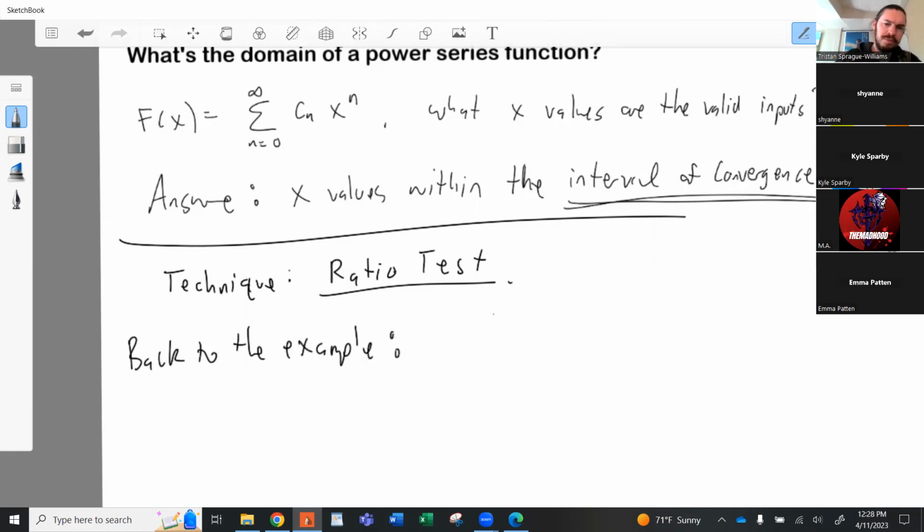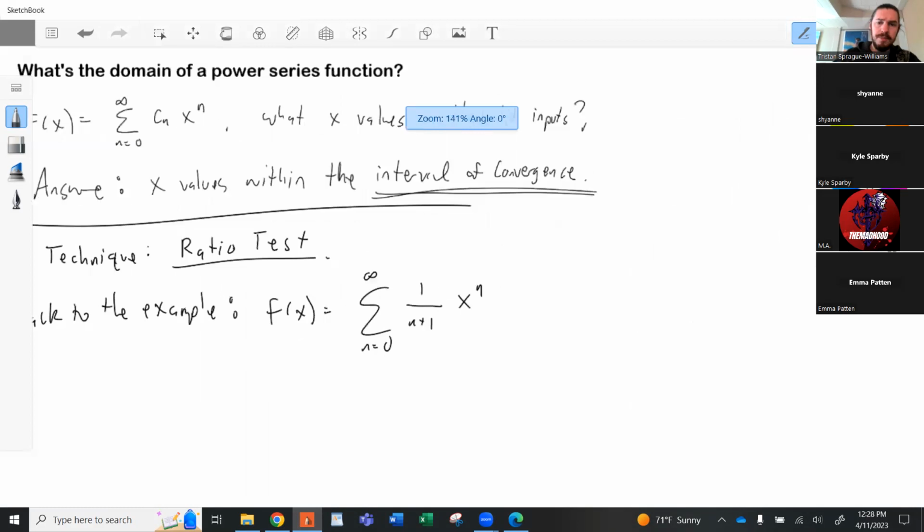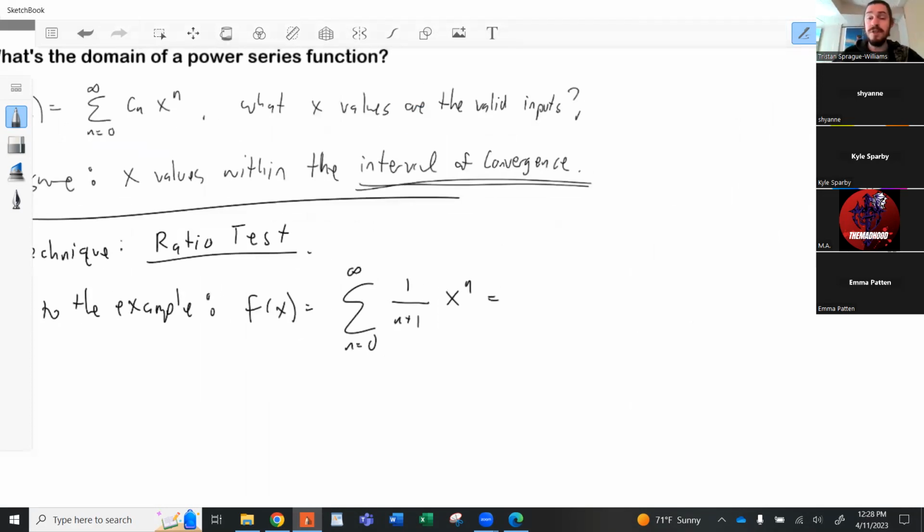Let's go back to our example, the one we were working with on the previous page, which we'll label f of x, and it's 1 over n plus 1 times x to the n. Remember, this is centered at 0. So this is like 1 plus a half x plus a third x squared plus dot dot dot.